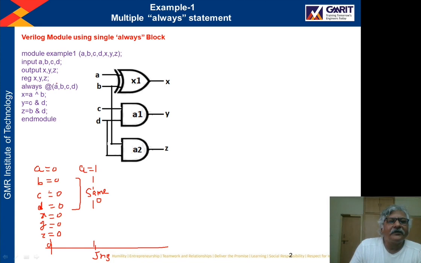Since A is in the sensitivity list of this always block and its value has changed, the always block will be activated and all the statements inside the always block will be executed. The first statement will be executed and A XOR B will be performed. Now A is 1 and B is 0, so the result will be 1.